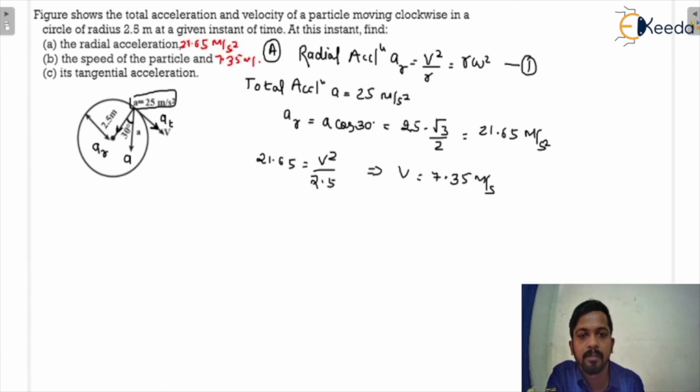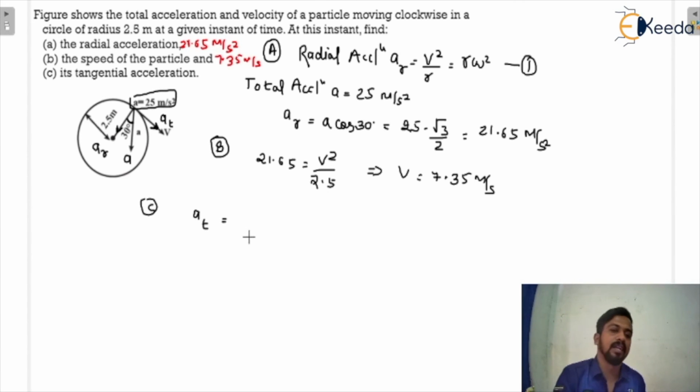Now the final question, the third part, is asking for the tangential acceleration denoted by a_t, and we know the tangential acceleration is r into alpha. But we need not consider alpha, because we can calculate the tangential acceleration using A sin theta.